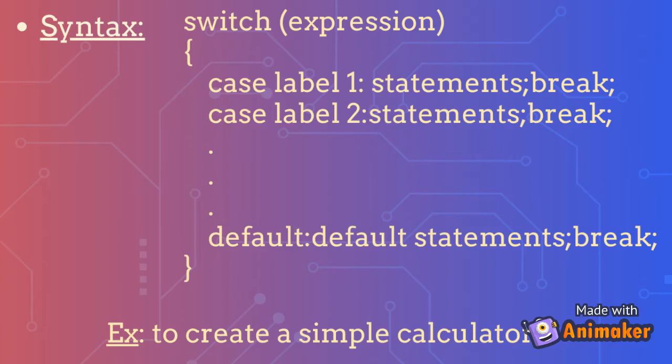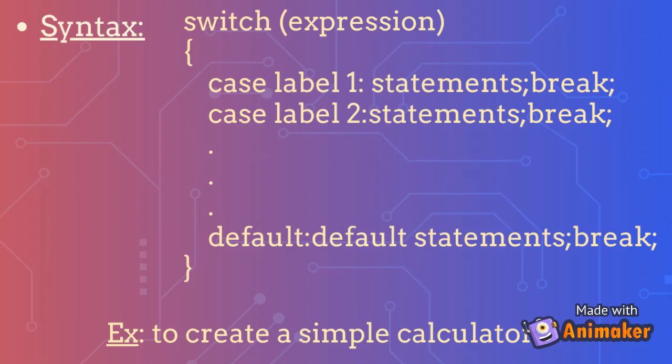If the expression is the same as label, then the statements within that case are executed. To perform only statements inside the correct case, we use break statement. You will be learning more about break statement in the coming part. If expression does not match with any label, then the statements inside default will get executed.